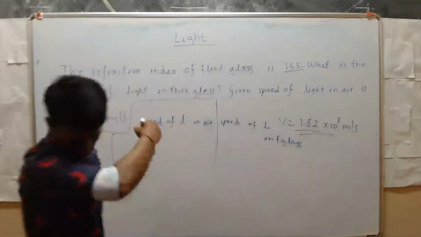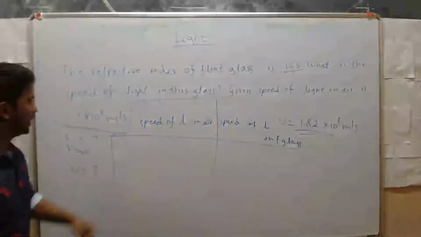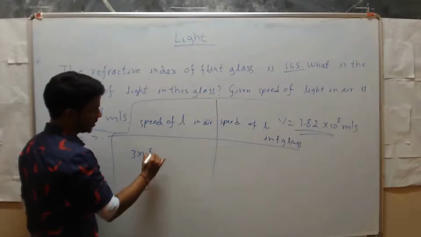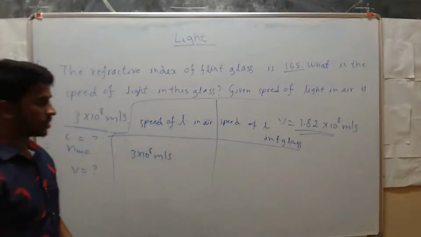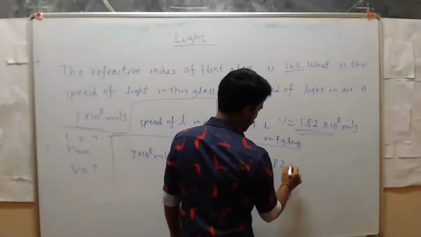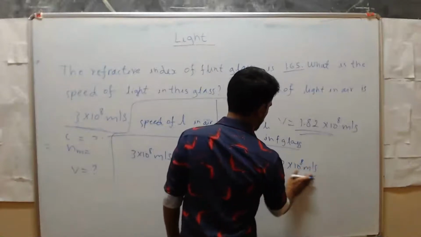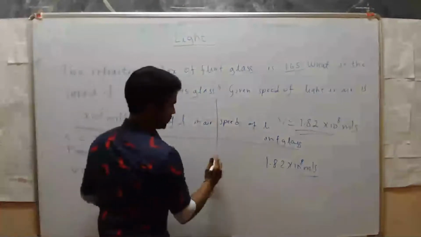The speed of light in air is 3 into 10 raised to the power 8 meter per second. The speed of light in flint glass, as we obtained, is 1.82 into 10 raised to the power 8 meter per second. Now see, these two values are not equal.